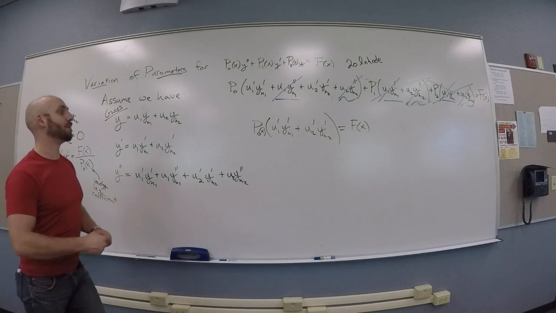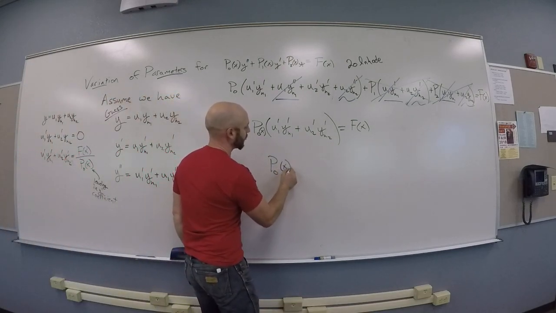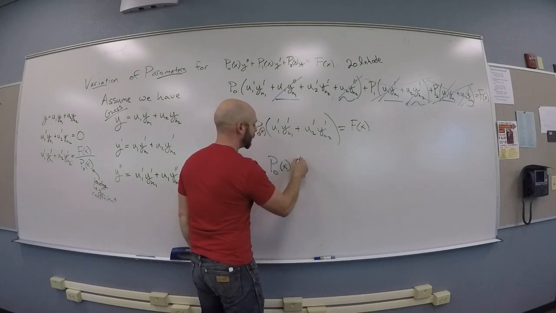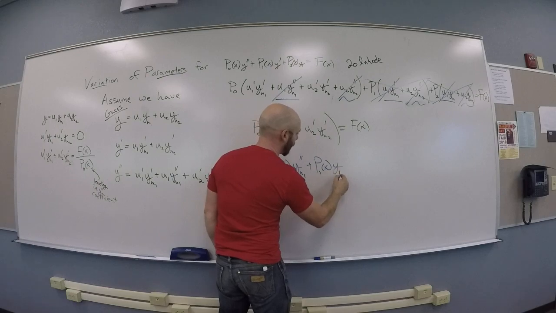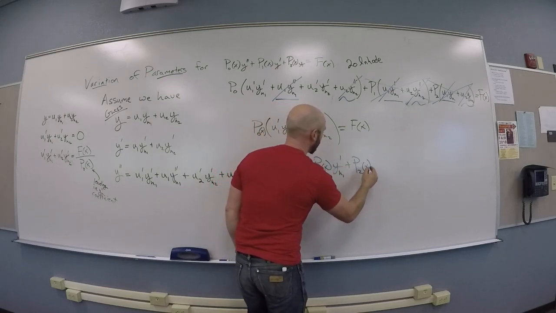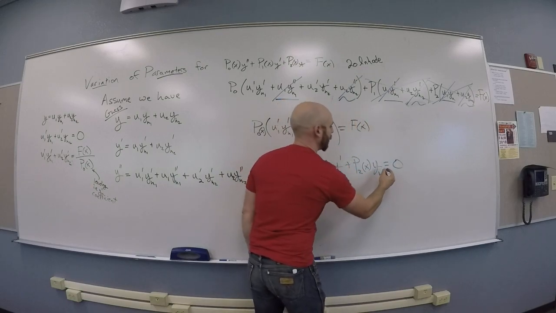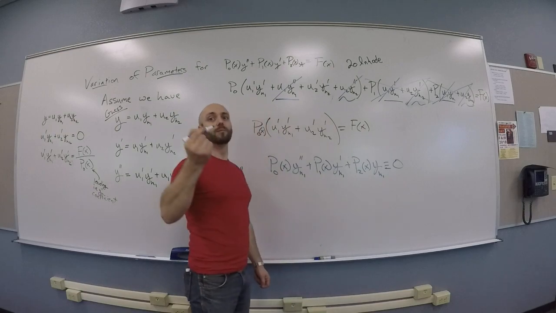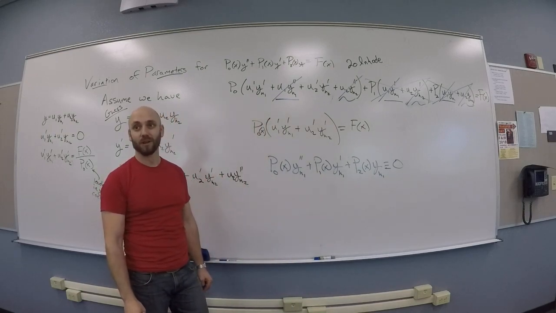So what that means is that I know that P0 of x, YH1 double prime, plus P1 of x, YH1 prime, plus P2 of x, YH1 is 0. I know this because YH1 was a homogeneous solution.